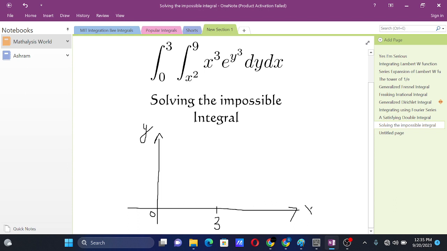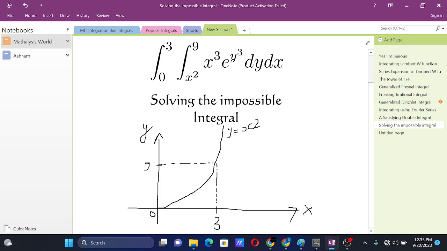For all the x values, our x squared graph is like this. Since it's the y equals x squared graph, corresponding to 3 we need to have 9 here. So x goes from 0 to 3 and y goes from x squared to 9.